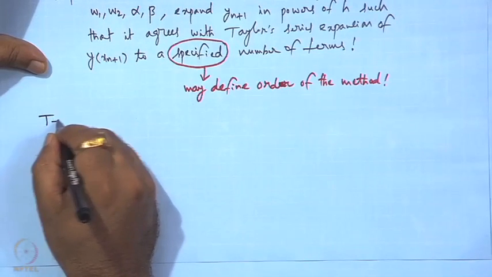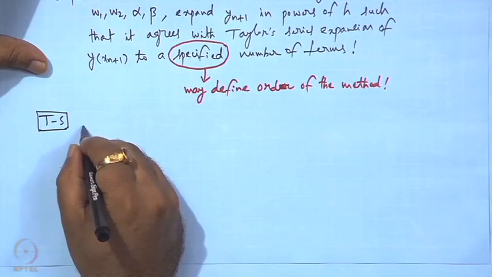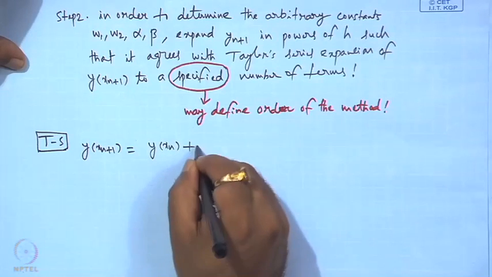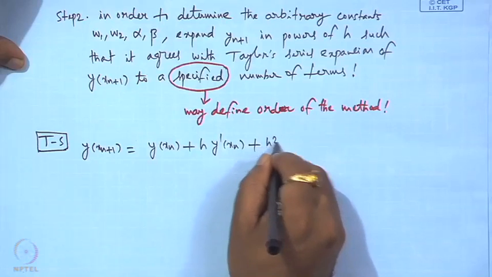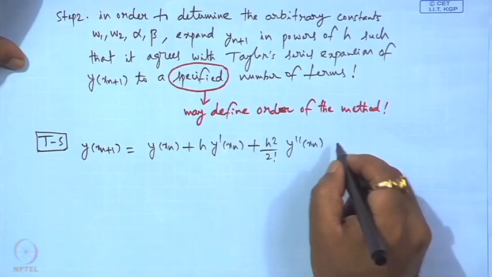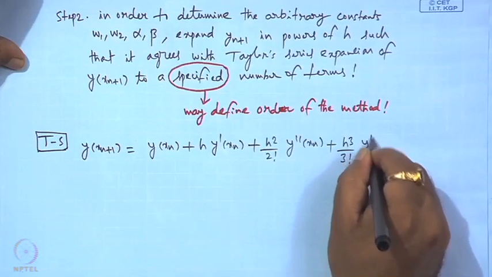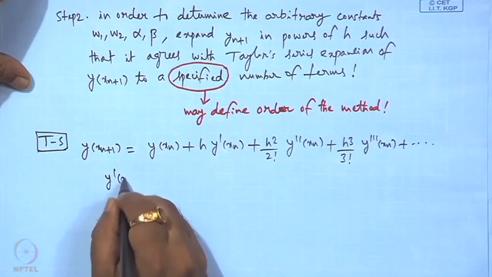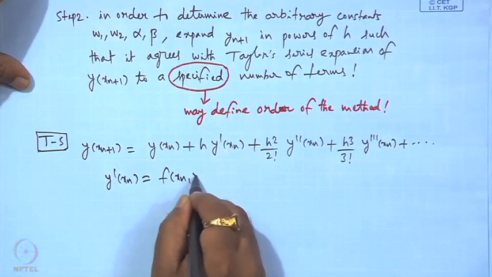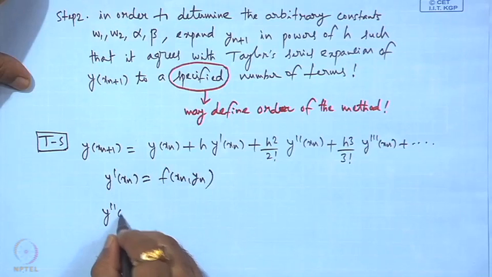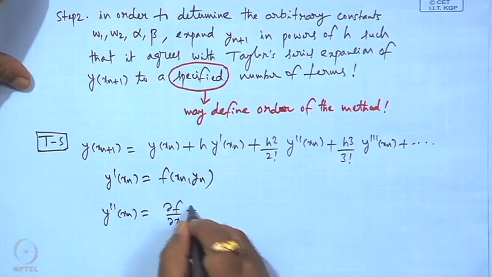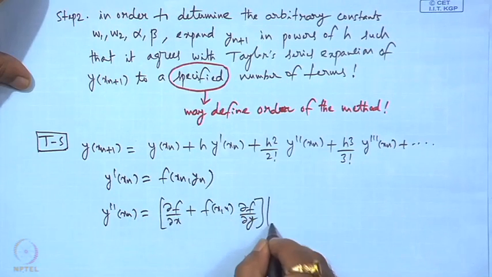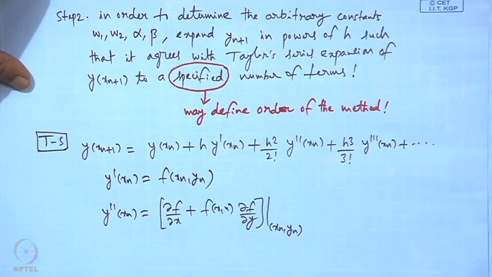So, I am writing the TS, that is the Taylor series expansion first. y of x n plus 1 is y of x n plus, and so on, and we have these terms: y dash is f of x and y n, y double dash is dou f dou x plus f times dou f dou y, evaluated at x and y n. Okay.